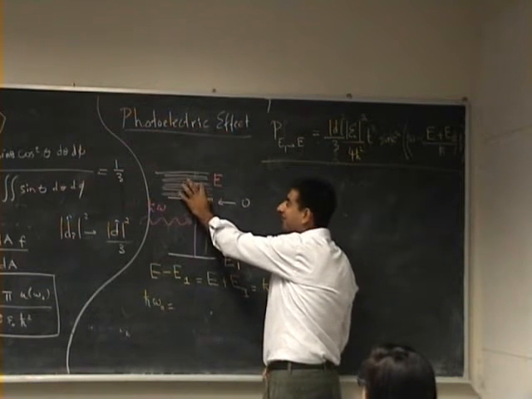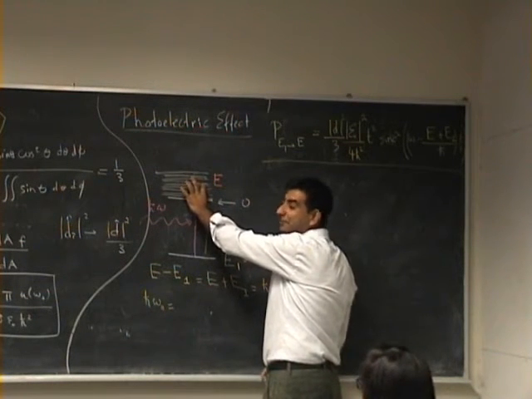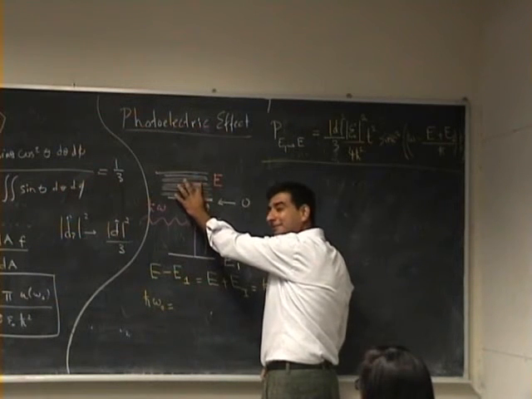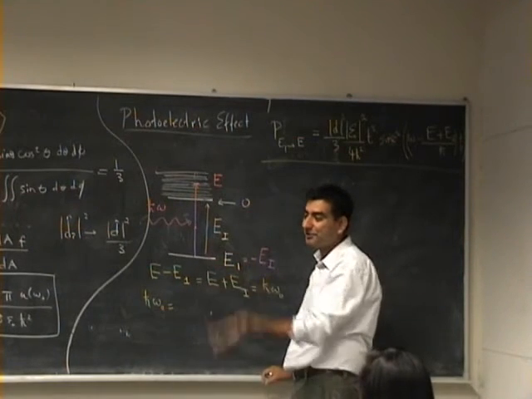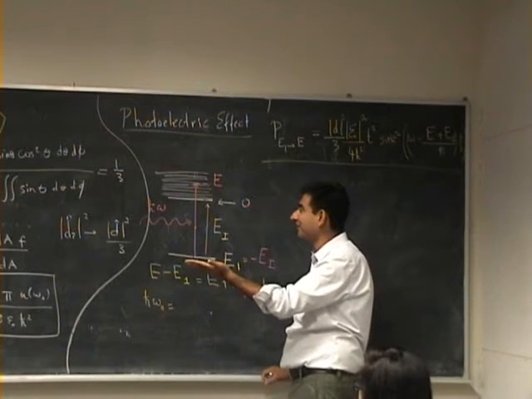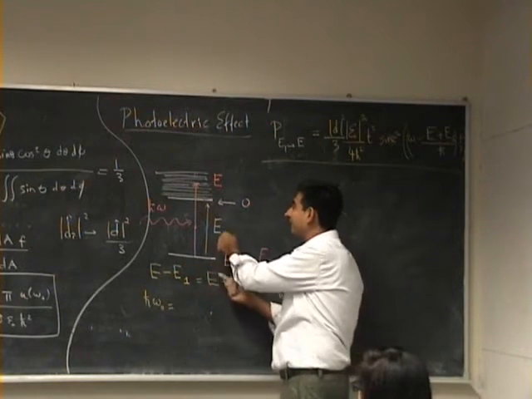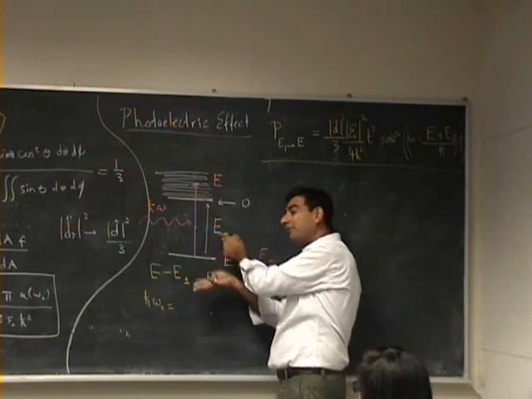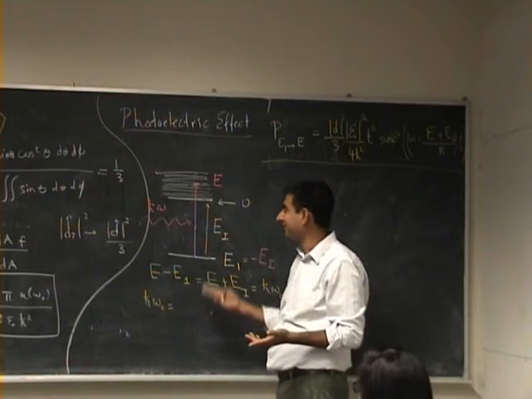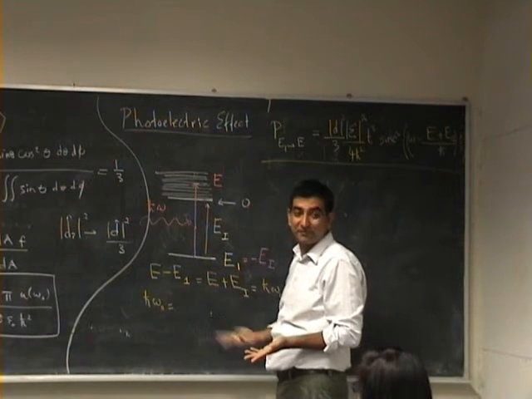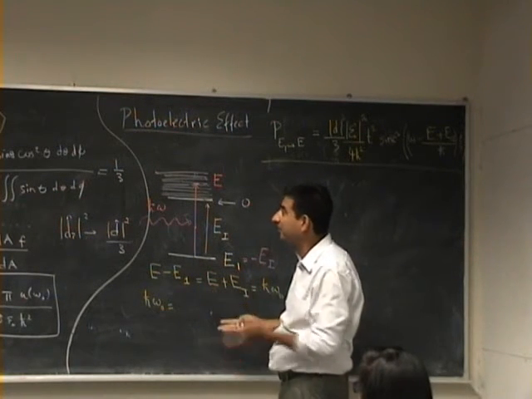Because in this case, when the electron has been ejected, it does not have any potential. It's a free electron. So all of its energy is kinetic energy. So this is just the energy of the emitted electron. So by looking at the energy of the emitted electron, the photoelectron, I can tell what is the EI. I can tell how far from inside the metal or inside the atom is the electron coming from. This is the principle of X-ray photoelectron spectroscopy, by the way.